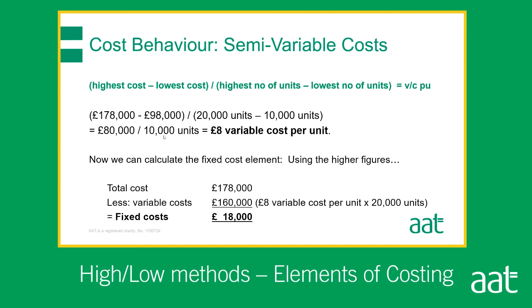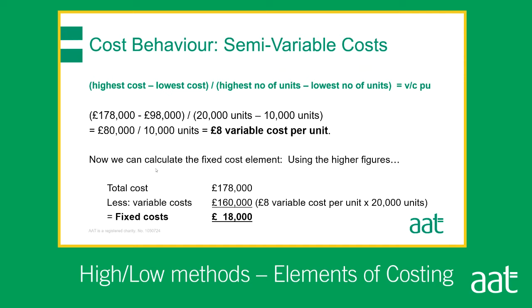Once we have calculated our variable cost per unit, we can go on to calculate our fixed cost. I'm using the higher set of figures for this example. Our higher total cost is £178,000, less our variable costs.